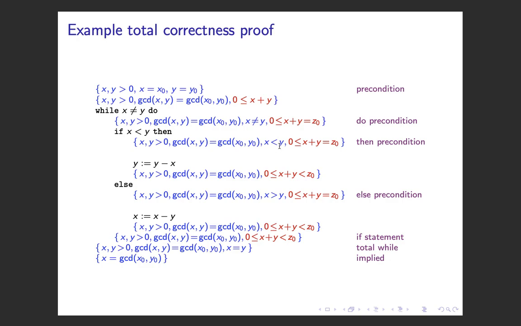So again, here we've got x is less than y, and here we've had x is greater than or equal to y, which combined with x is not equal to y is x is strictly greater than y, as before.